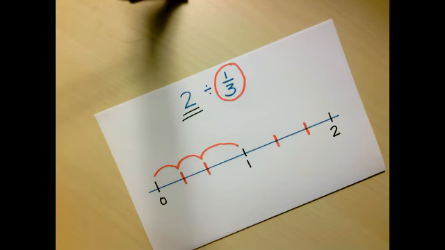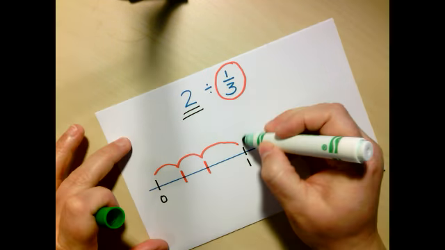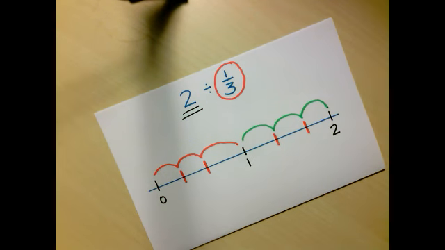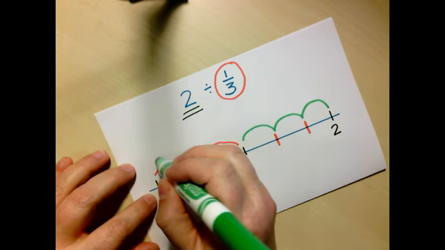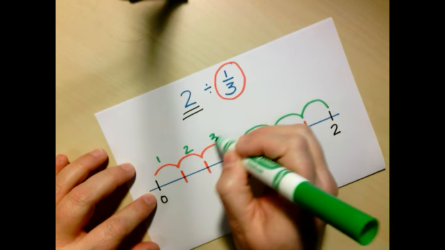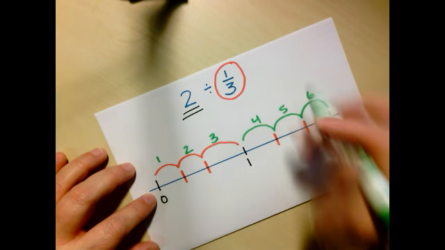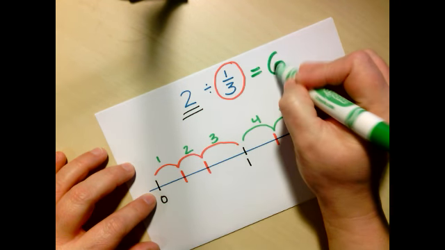And then for the other Pop-Tart, there's 1, 2, 3. Now I'm going to find out how many pieces I had altogether. So there's 1, 2, 3, 4, 5, 6 pieces altogether.